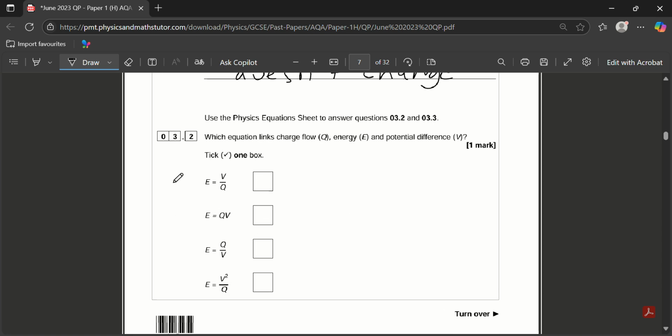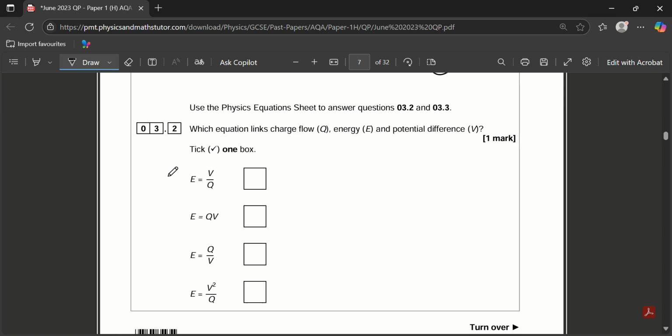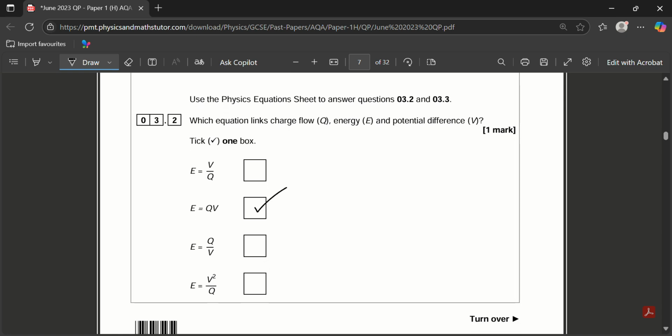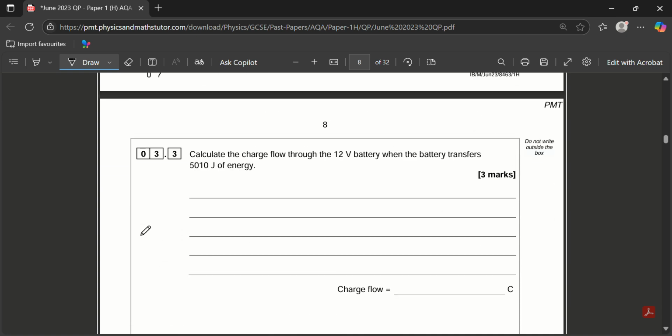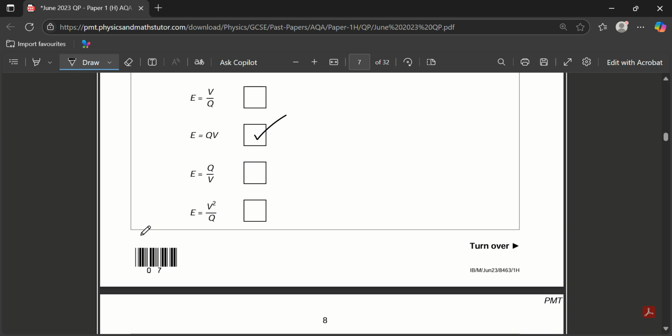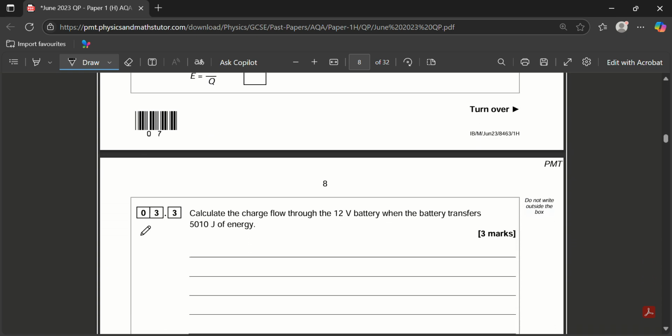Which equation links charge flow, energy and potential difference? Another one you just need to know is just E equals QV. Calculate the charge flow of the 12-volt battery when the battery transfers 5,010 joules of energy. So we'll just use this equation up here, E equals QV.